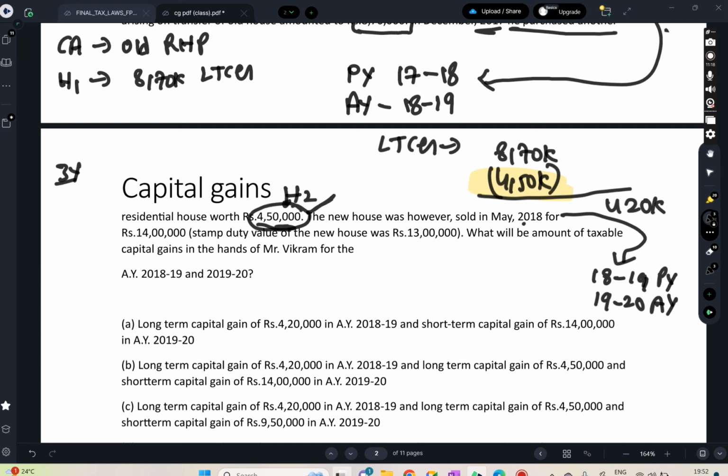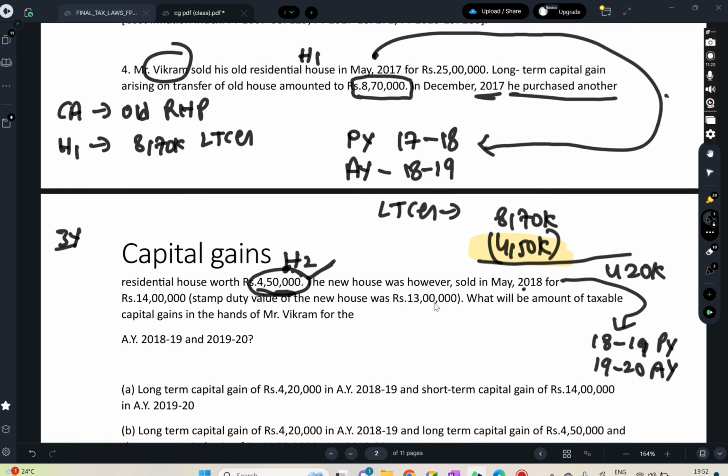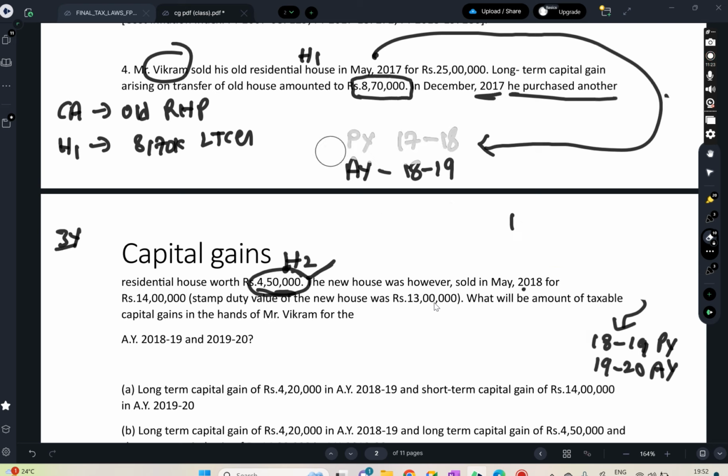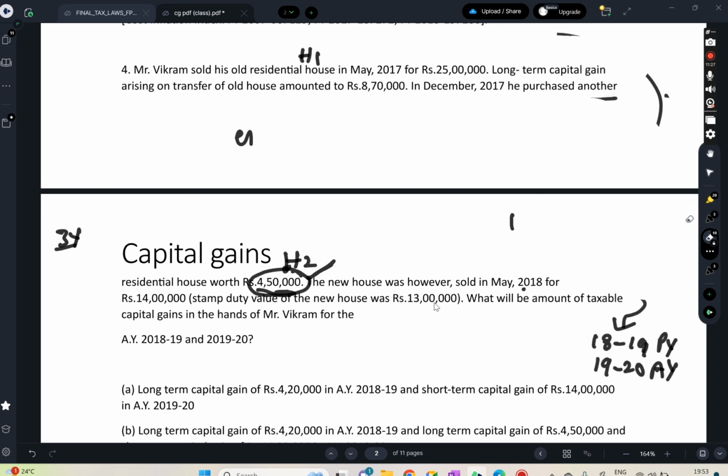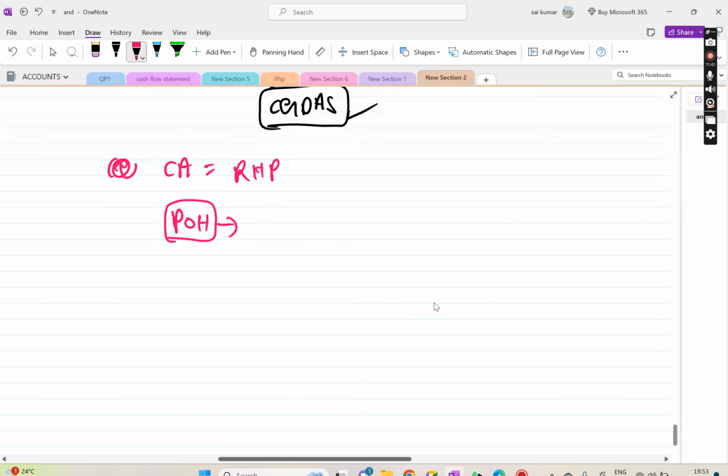I bought this, H2, on 1st December 2017 and am selling it in May 2018.